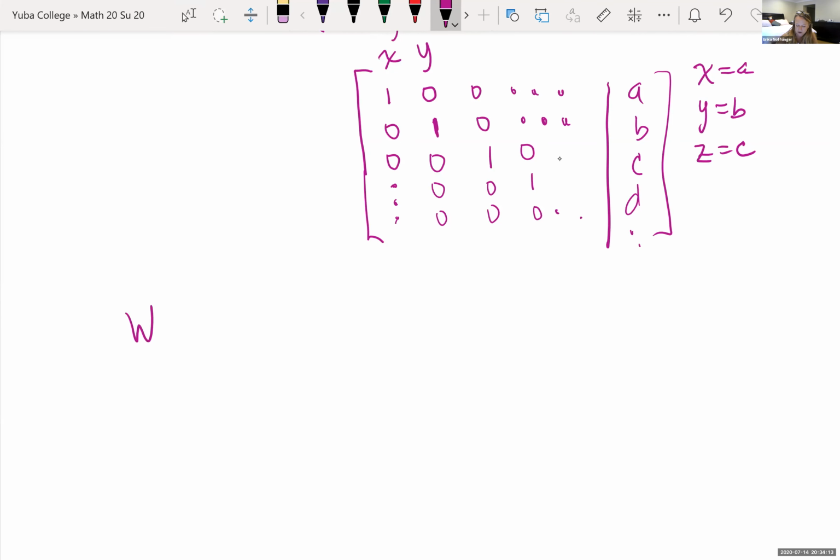So working with matrices, matrices is just the plural for a matrix.